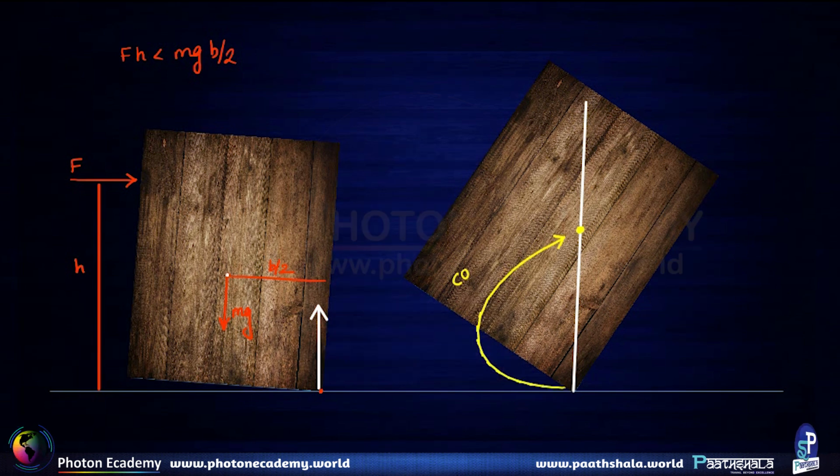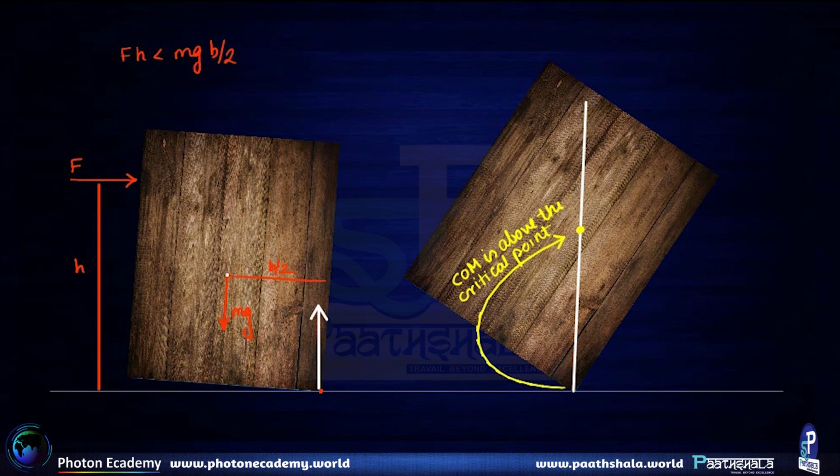So this is an important observation, that the center of mass happens to be above the critical point. I'll write it down over here: center of mass is above the critical point at the instant of toppling.